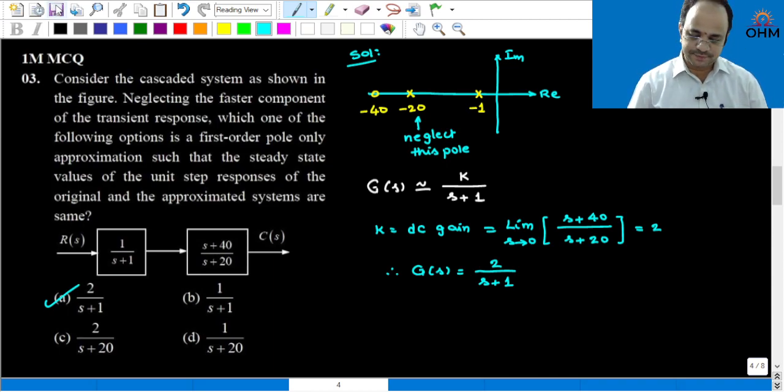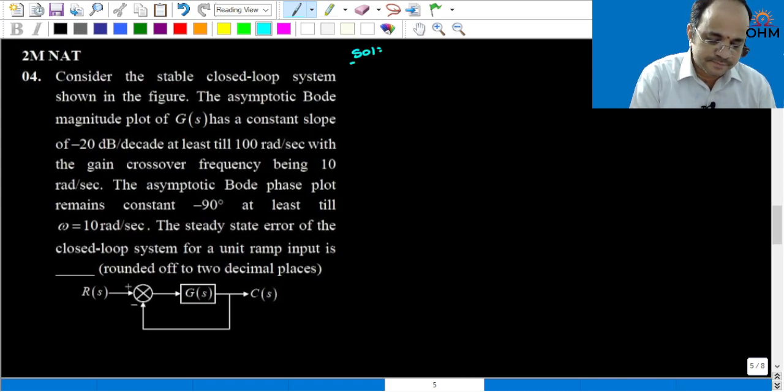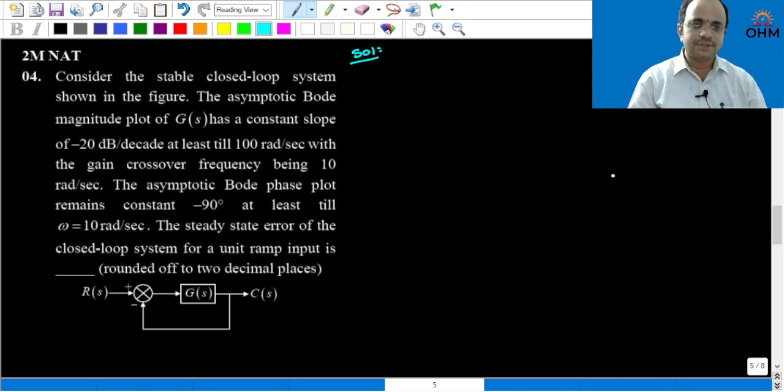the given answer. Next, question number 4. Now here, consider the stable closed loop system shown in the figure. The asymptotic Bode magnitude plot of G(s) has a constant slope of -20 dB per decade at least till 100 radian per second, with the gain crossover frequency being 10 radian per second.